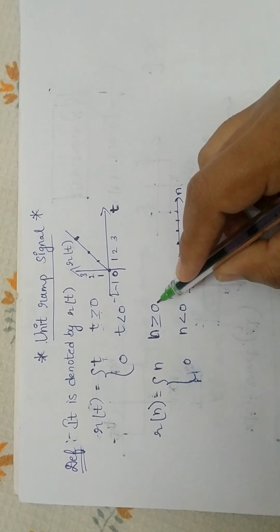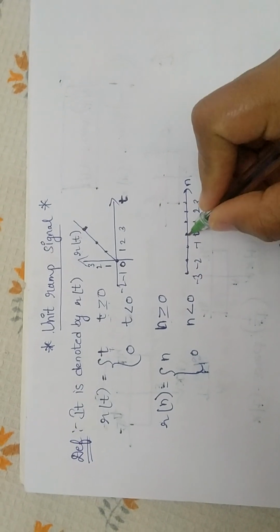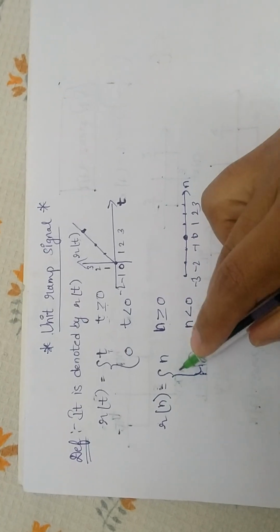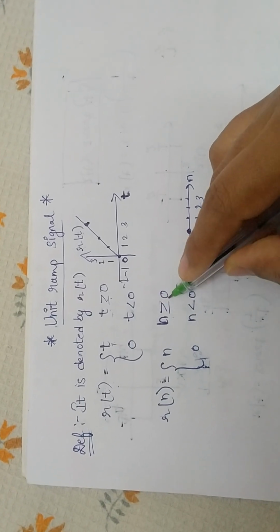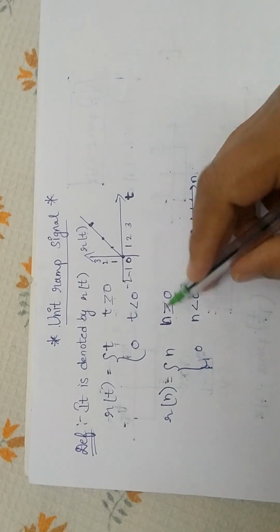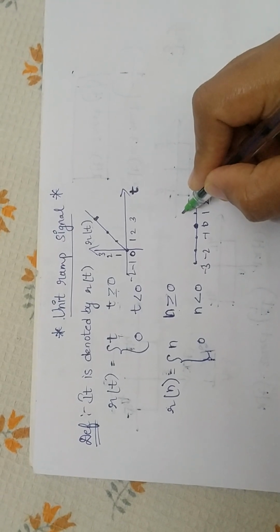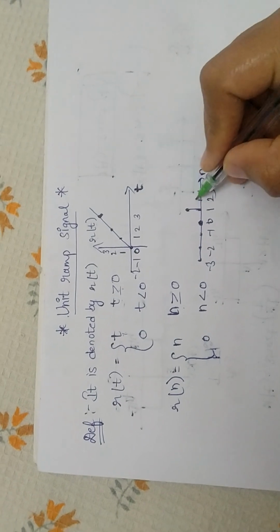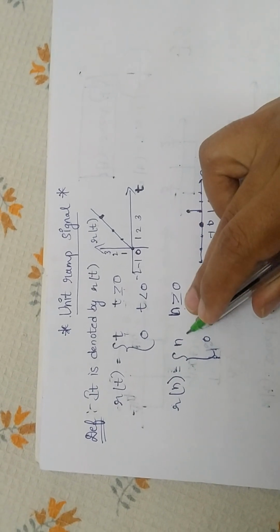N only. At n equal to 1, R of n is 1 only.